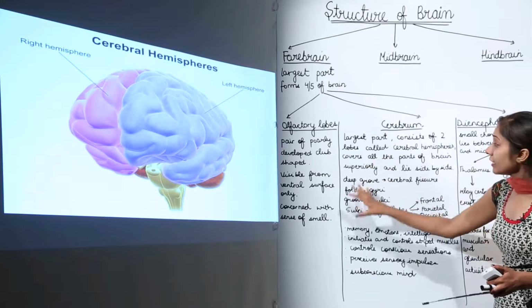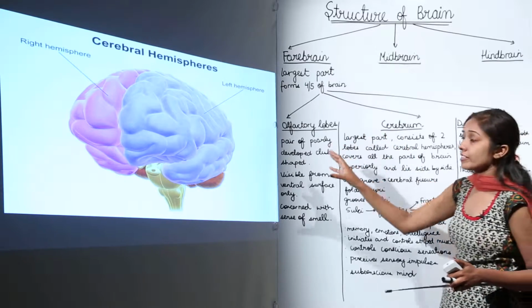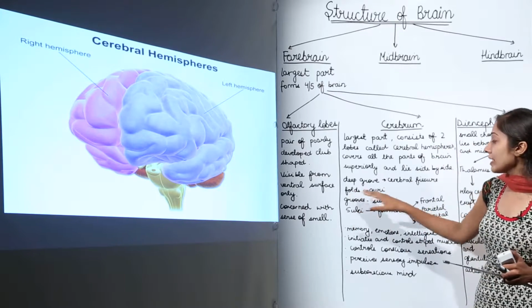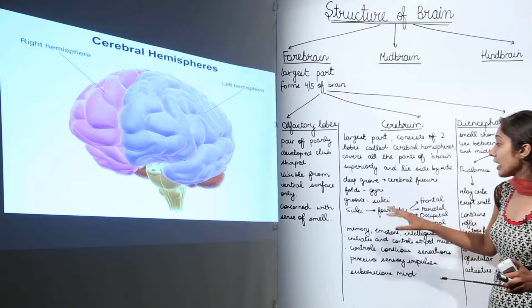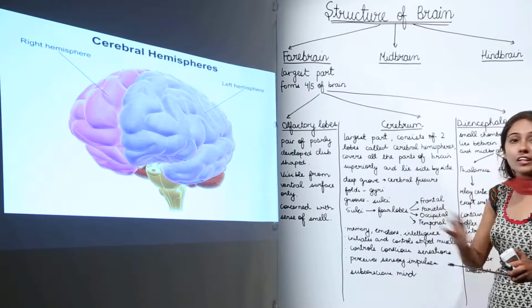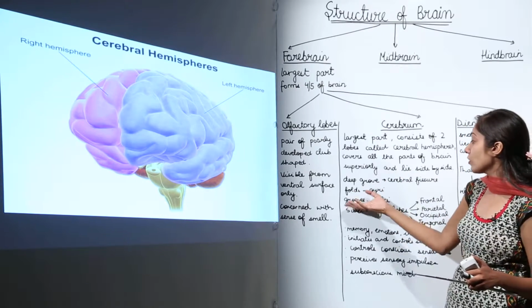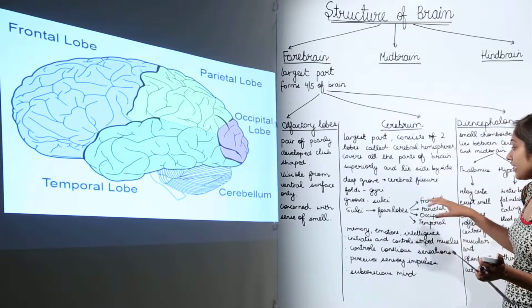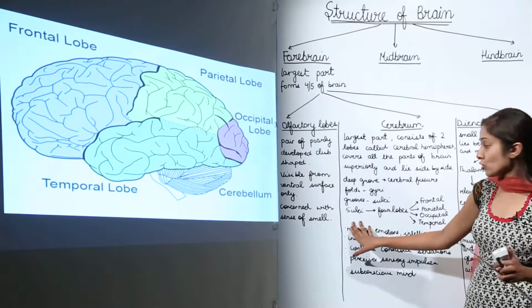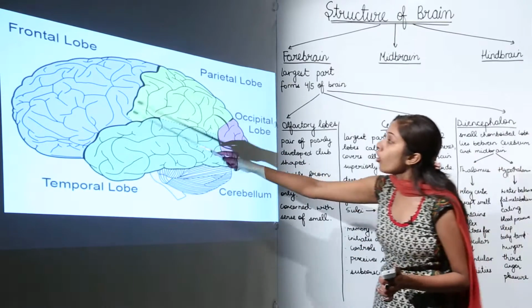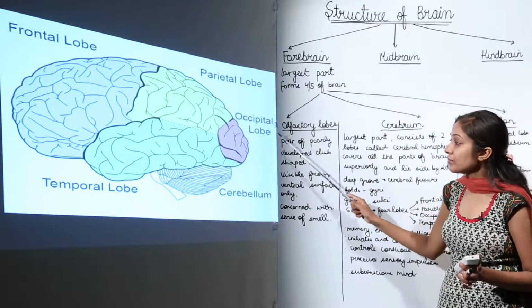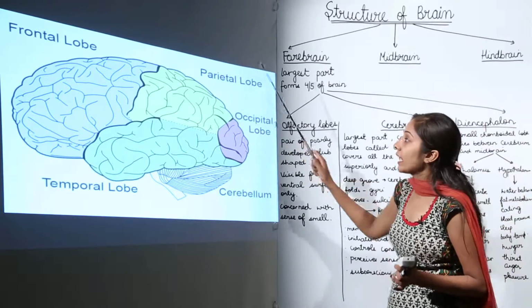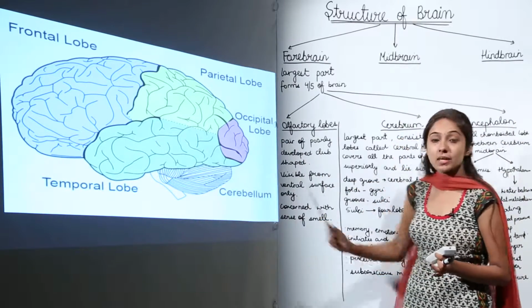Now, the hemispheres have a lot of grooves and a lot of folds. The folds are known as gyri and the grooves are known as sulci. The sulci divide the hemisphere into four lobes: frontal lobe, parietal lobe, occipital lobe and temporal lobe.